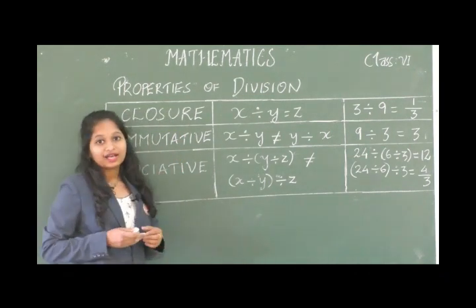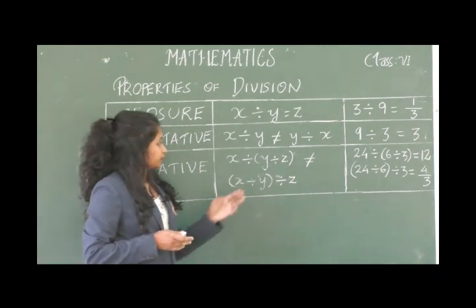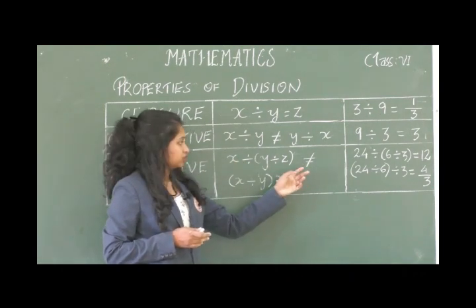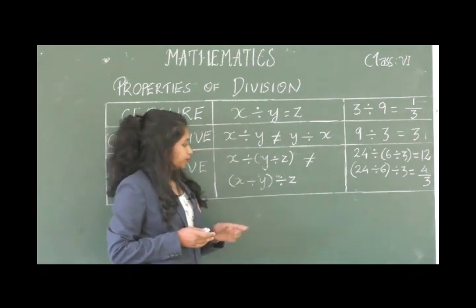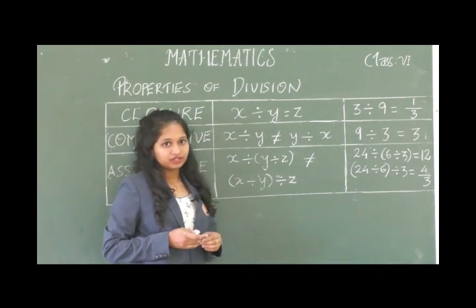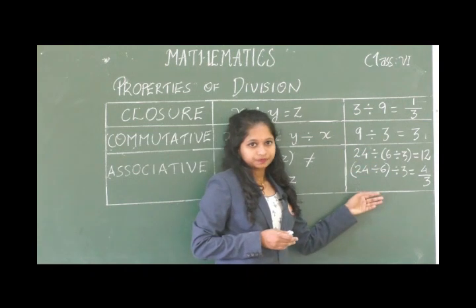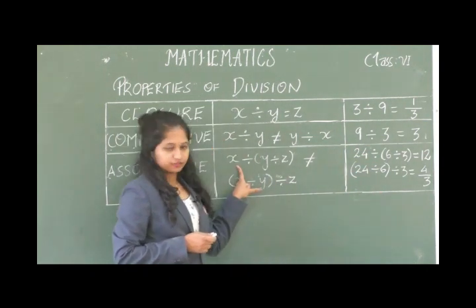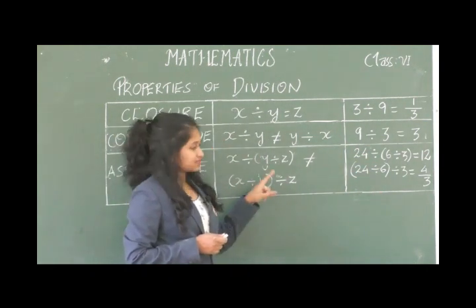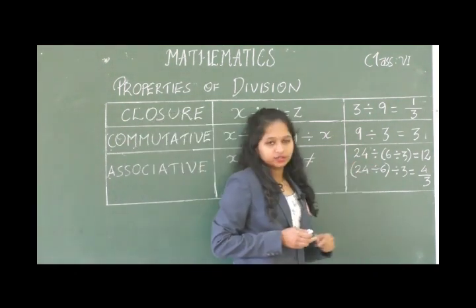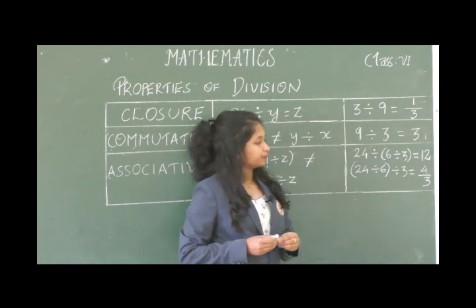In case of associative property, we have x divided by y by z is not equal to x divided by y divided by z. For example, take x as 24, y as 6 and z as 3. 24 divided by 6 by 3.